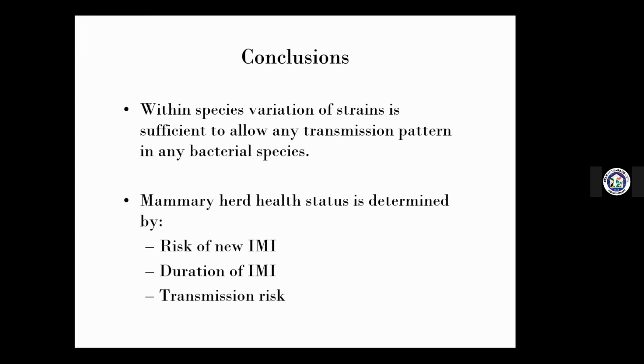So the health of the animal is first of all determined by the risk, and this is all the above. So the risk of new infections, the duration of these infections, because the longer the infection, the more the shedding will be, and then the transmission risk: will it be in the parlor, will it be in the area where the animals are.